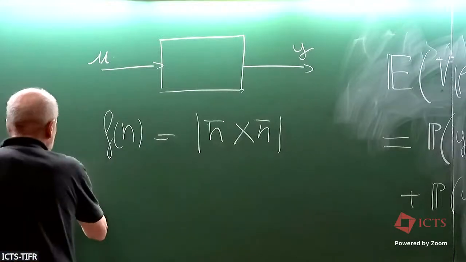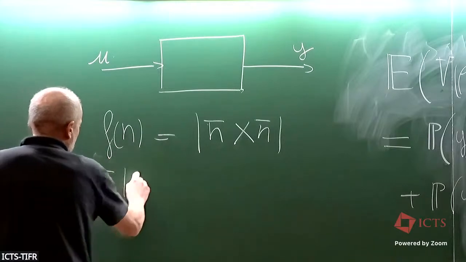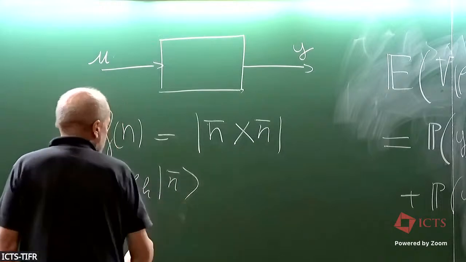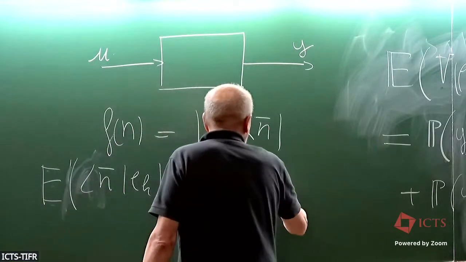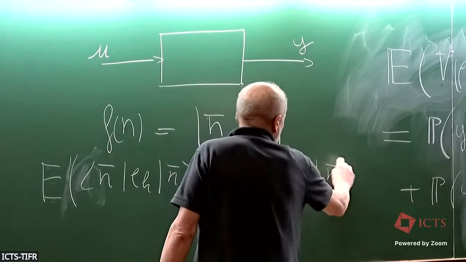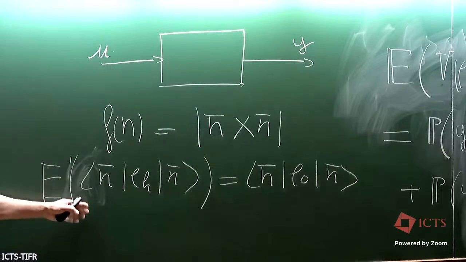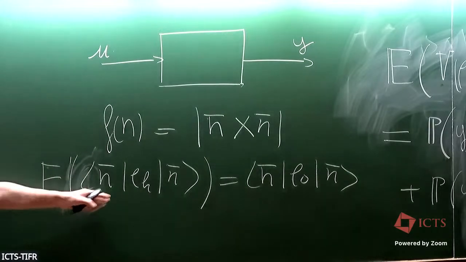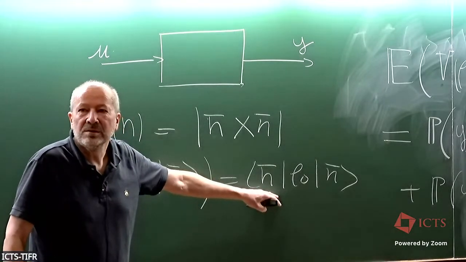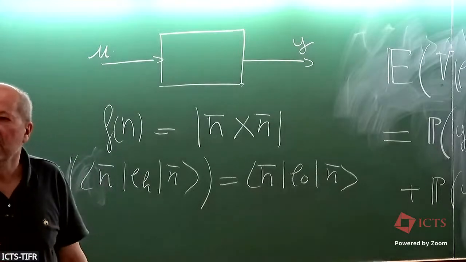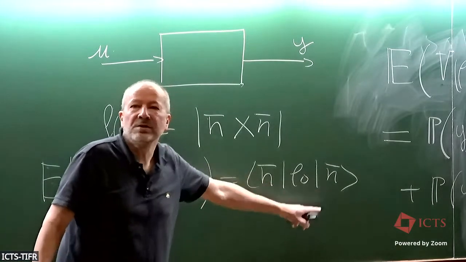What I have is that the trace of n bar rho k n bar, its expectation value, is equal to n bar rho 0 n bar. You agree? Yeah. So if I compute this by doing a lot of realizations and taking only the rho that converge to n bar, I know that I should recover this number. Yes. So I know that when I start my measurement, the probability to detect n bar is exactly the initial population on n bar.